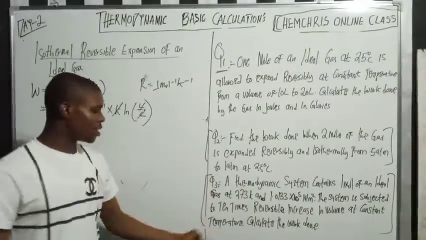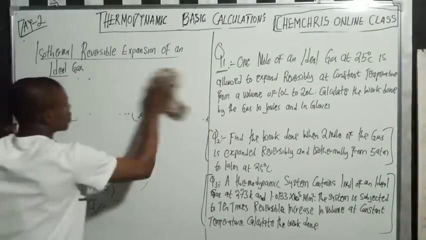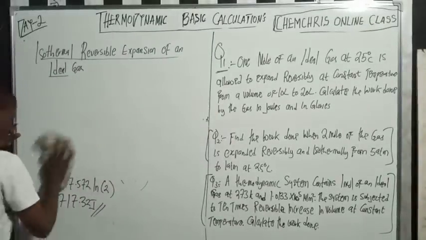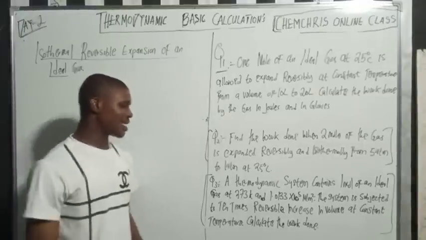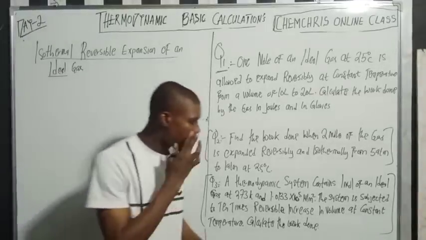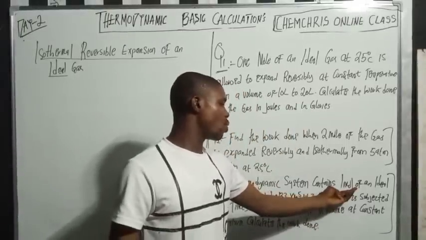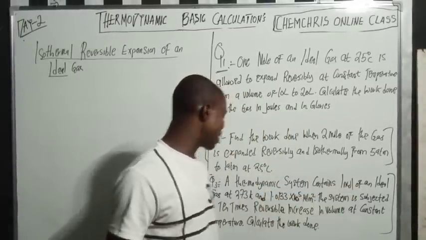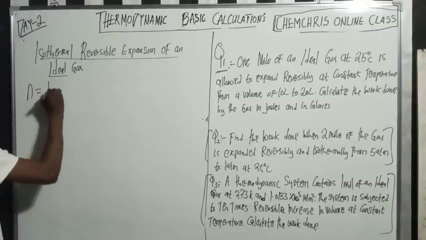So let's look at the third one. If you look at the third one, you see that a thermodynamic system contains 1 mole of an ideal gas. So the number of moles is 1 mole.